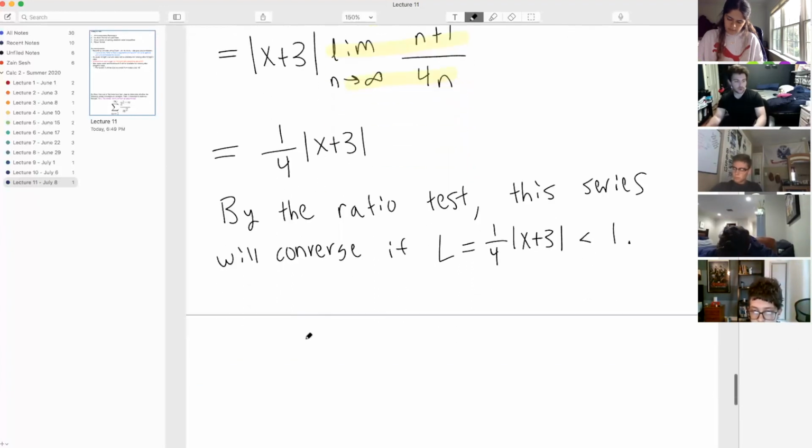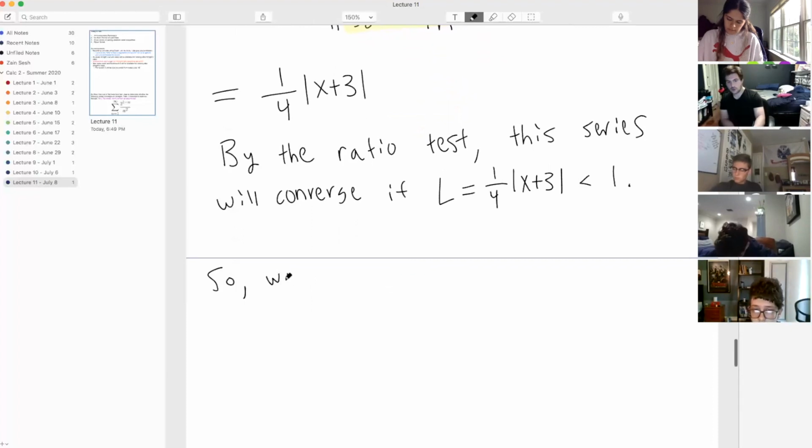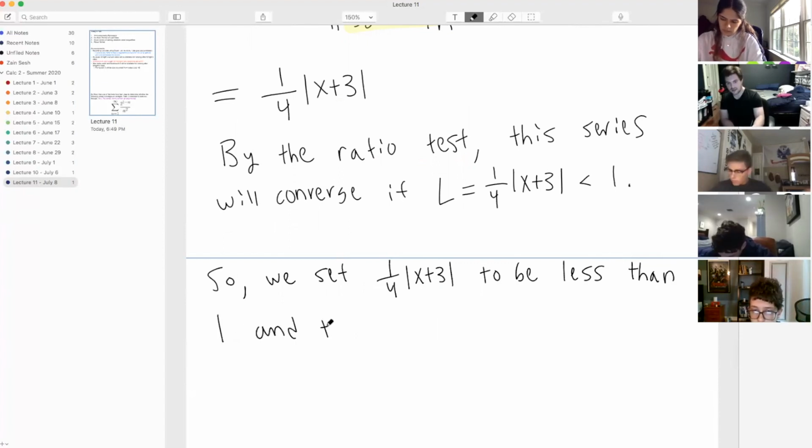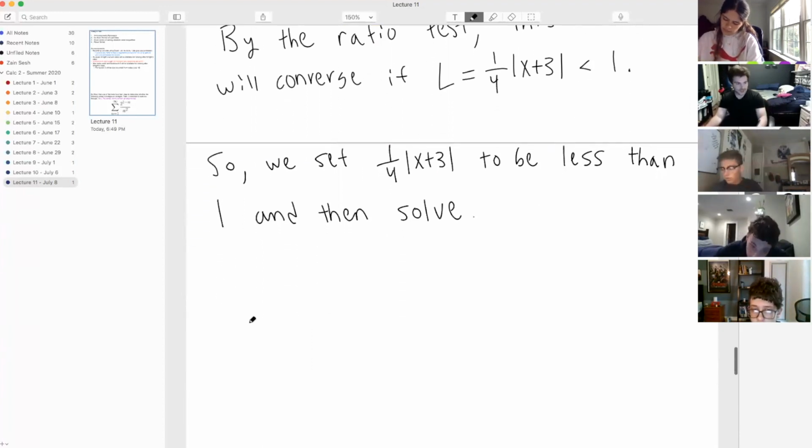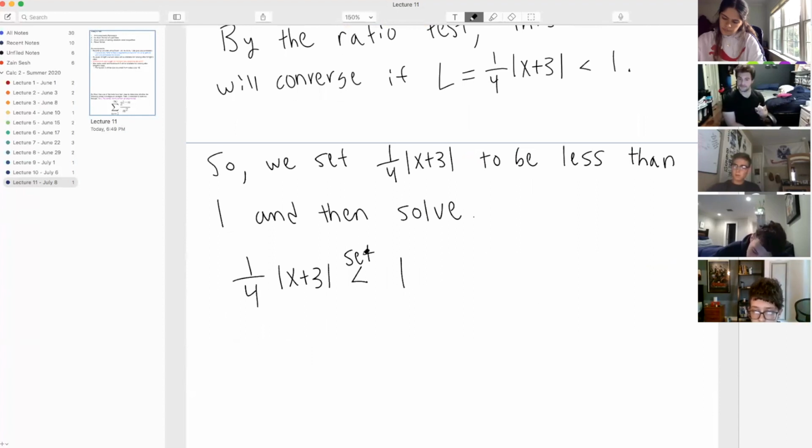So we set 1/4 times the absolute value of x plus 3 to be less than 1 and then solve. I hope that's okay. I'm setting it to be less than 1.